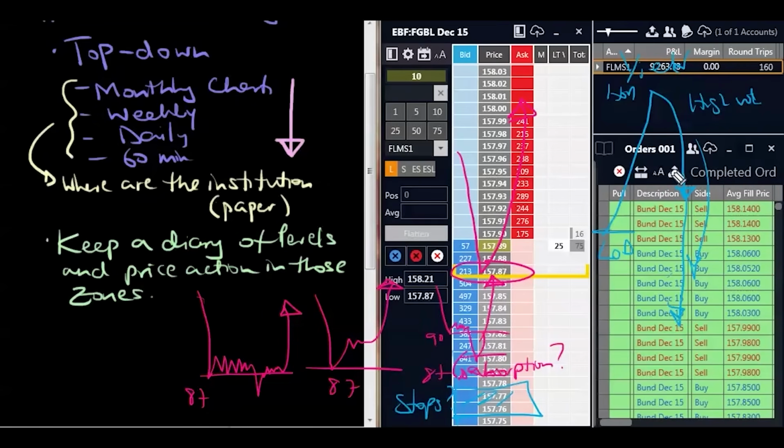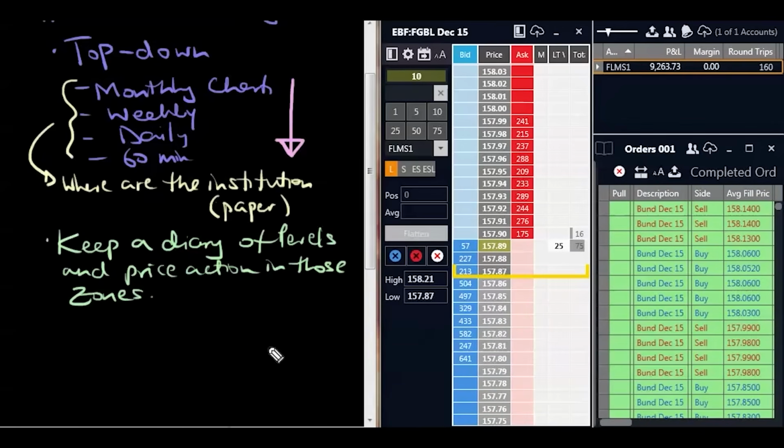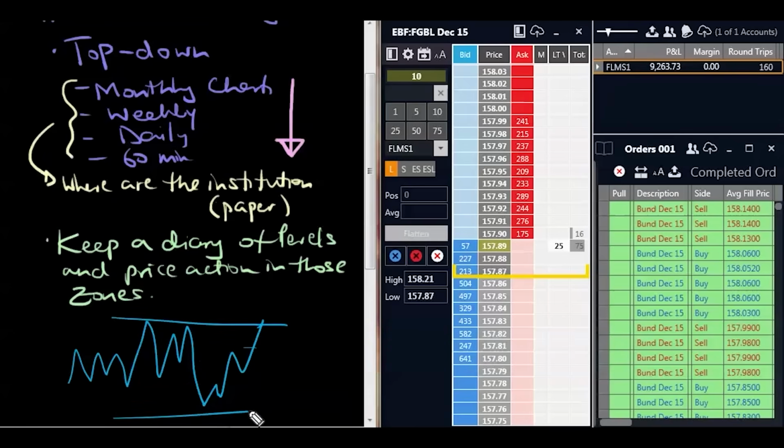The levels that you see, if I just showed you any chart, and you saw a lot of this, and I could tell you right now that there's a level here and a level here.